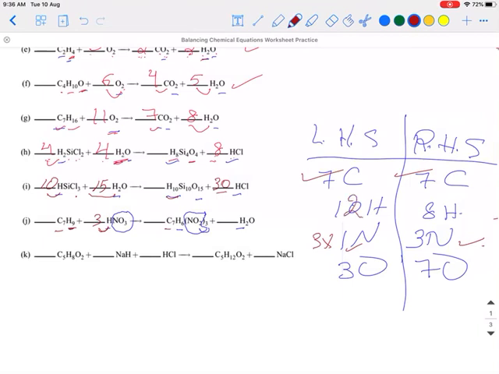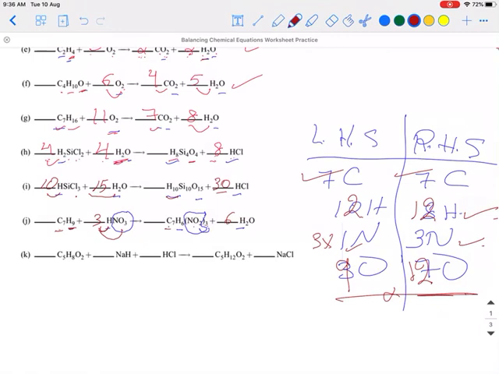So on the left hand side now we have 12 hydrogen, and on the other side I can put here 6. Now they are both 12. Let us check oxygen. 3 times 3, it is now 9 oxygen, and on the other side 3 by 2, it's 6 oxygen plus 6, 12 oxygen. So the equation is still not balanced with oxygen.